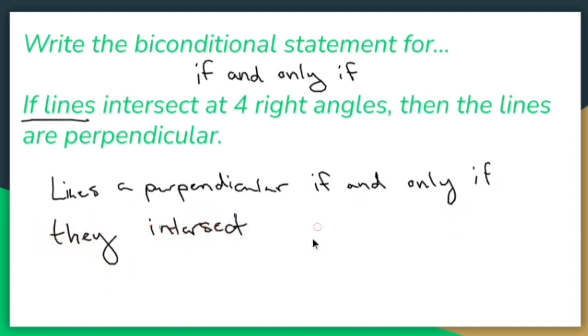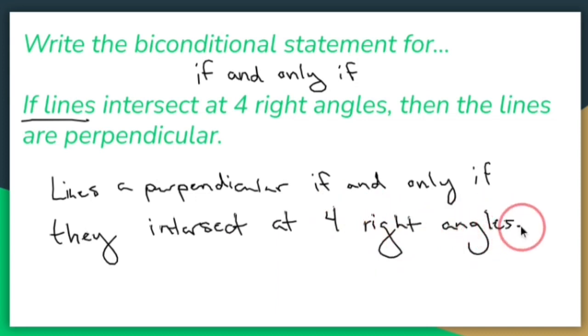I know it sounds kind of backwardsy, but it all depends on if one depends on the other. I use the word depend a lot. But that's how this one works out. You've got to kind of switch the words around a little bit, but I threw in the if and only if.